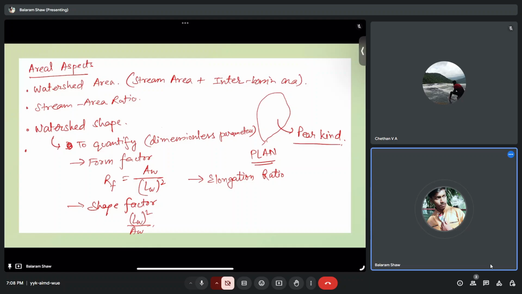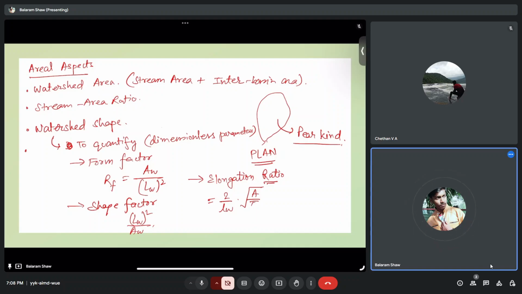So again you see, we have a diameter unit, let's say meter or kilometer, and the maximum watershed length is also in meters or kilometers. So the ratio will be a dimensionless quantity. We write the elongation ratio as 2 by LW, times root of A by pi.